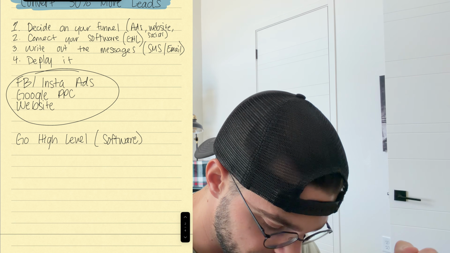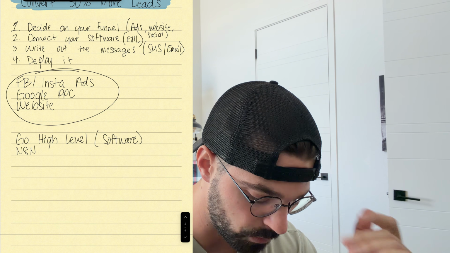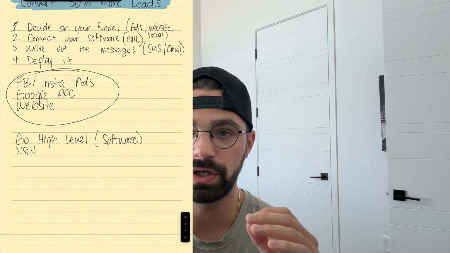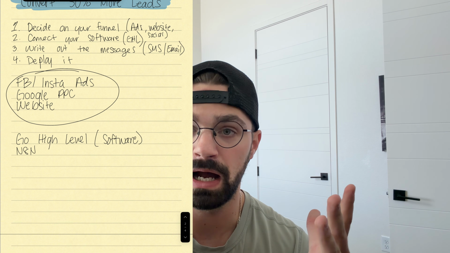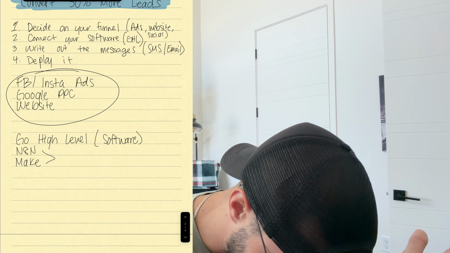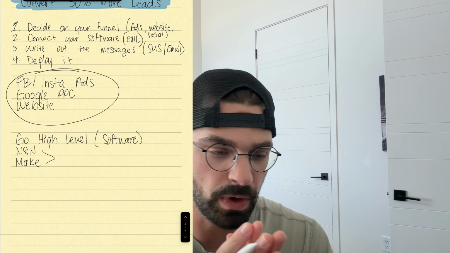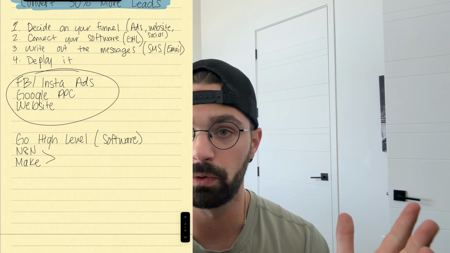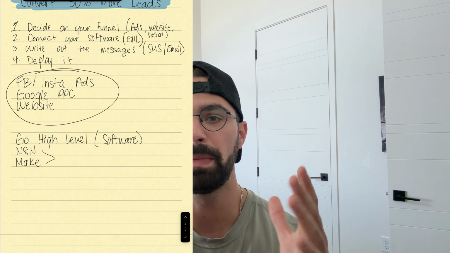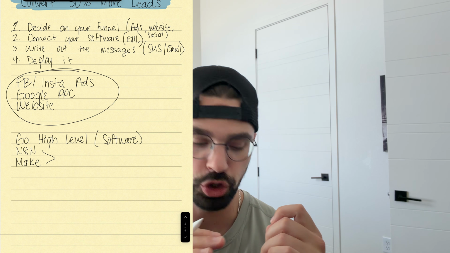Then you have N8N, which is a piece of software or application that you can use to connect via APIs or webhooks. Then you also have Make, which is kind of 2 in 1 of the same, where you're basically connecting to APIs. You're connecting different websites, and they're the middleman taking information between 2 pieces of software and sending it to and from.